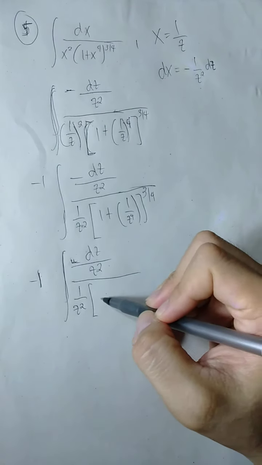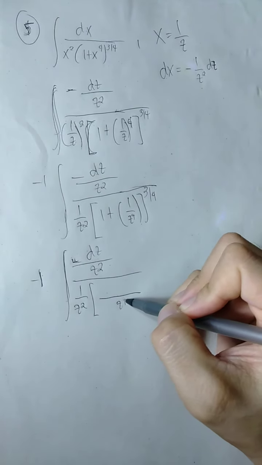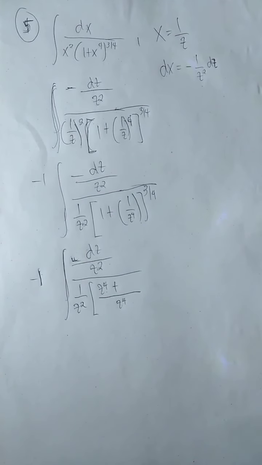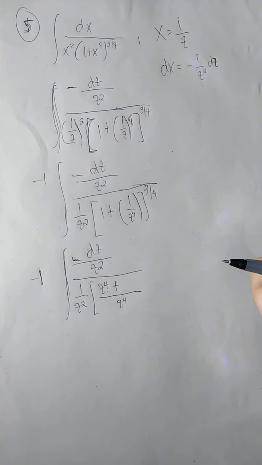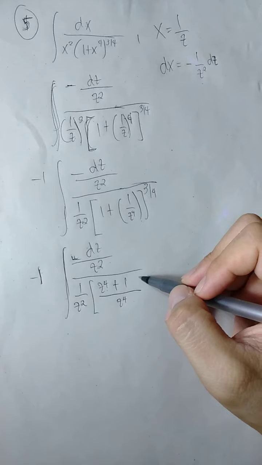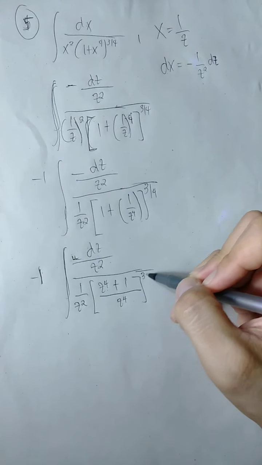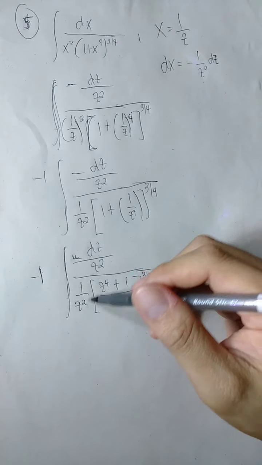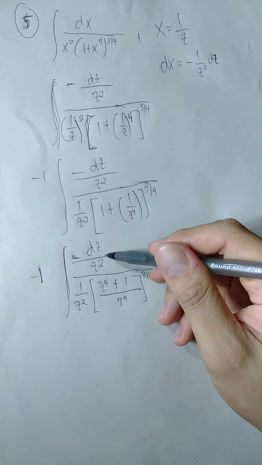If we take the LCD, which is z to the 4th, z to the 4th plus 1, raised to 3/4. And you can cancel since they are the same.